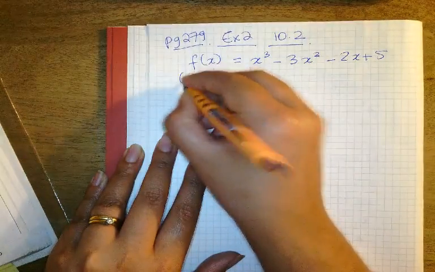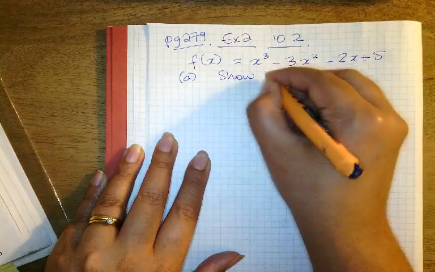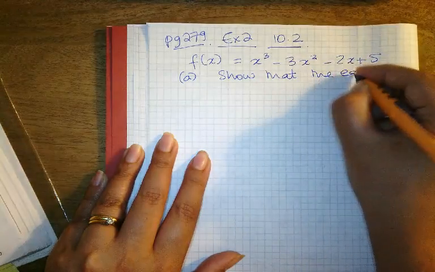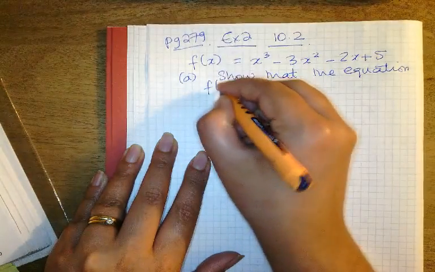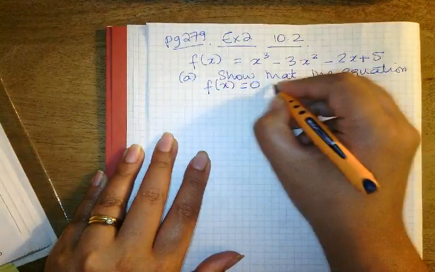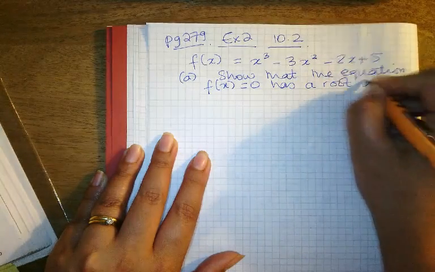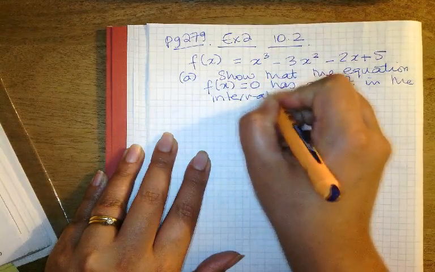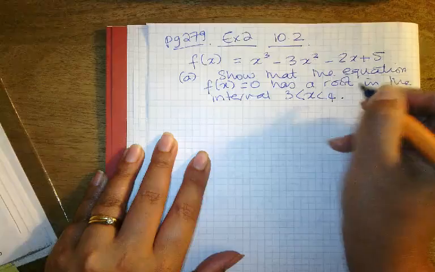And we want to show that the equation f of x equals 0 has a root in the interval between 3 and 4.